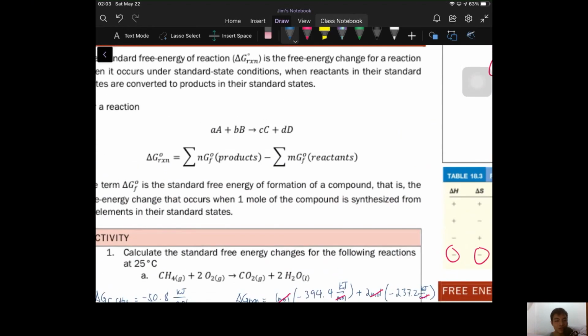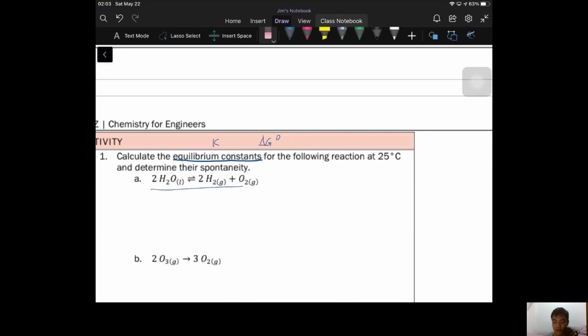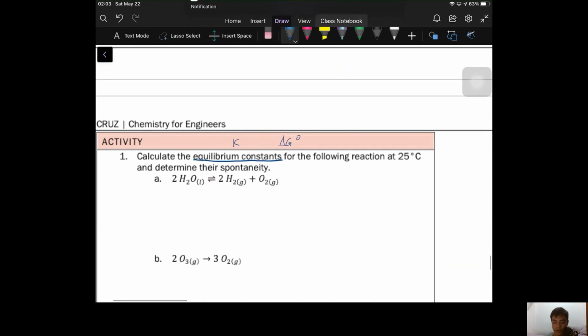So, you can use this equation to solve for the delta G naught of this equation. Okay? So, let's do that. So, let's find the delta GF of water, delta GF of H2, and delta GF of oxygen. So, this will give us the delta G reaction, the standard free energy change of the reaction.